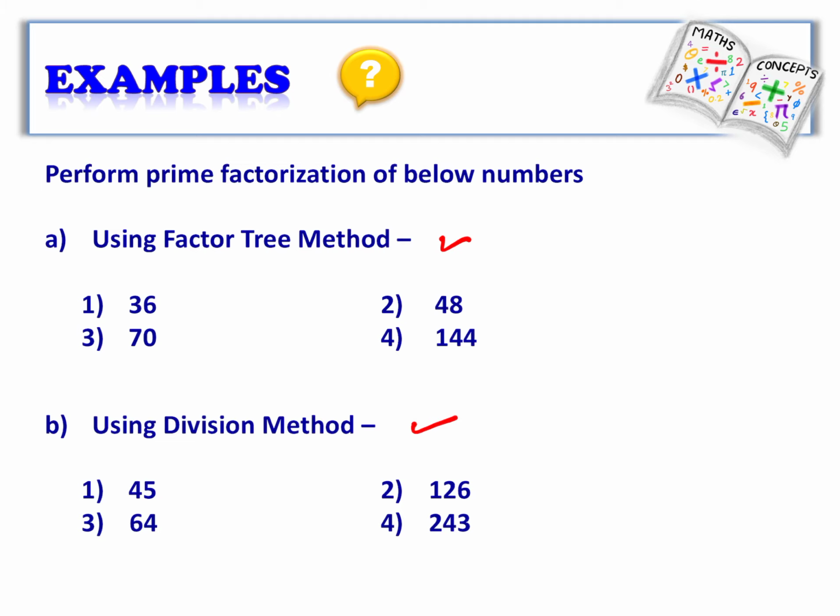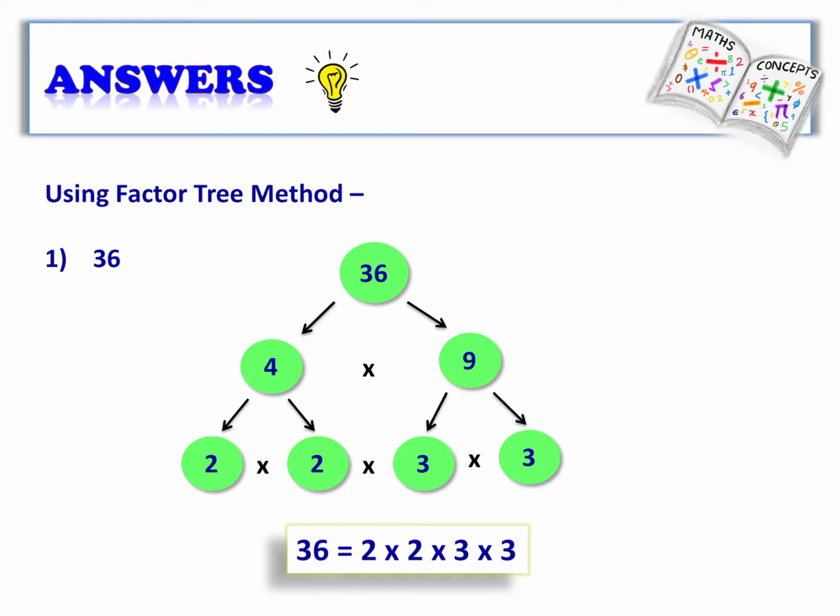Okay, here is answer for first question, 36. Prime factorization of 36 using factor tree method. Here your factor tree could be different. Here I have written 36, represented 36 as 4 into 9. You can represent it as 2 into 18 or say 3 into 12, like this, but the end result should be same.